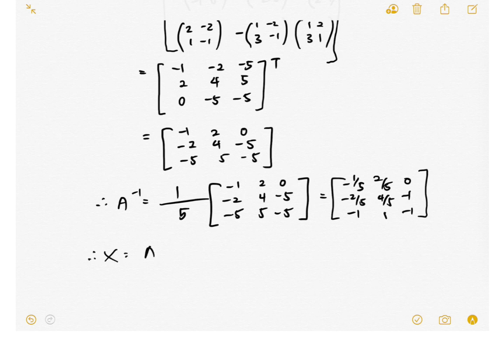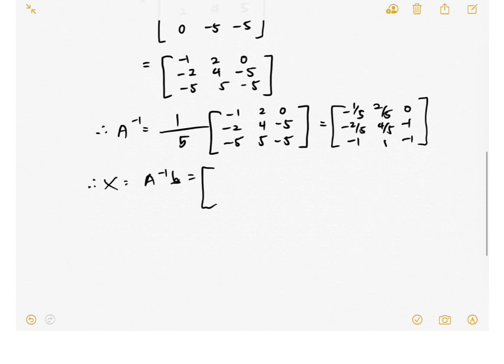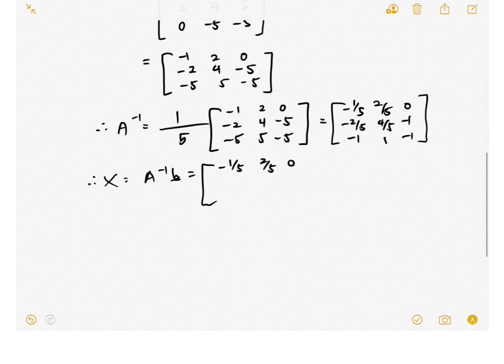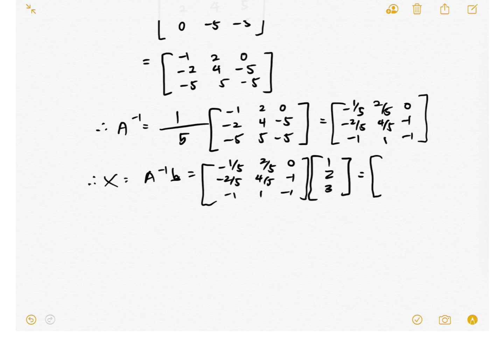Thus your x is, okay, so you find your x equals to 3/5, -9/5, and -2.